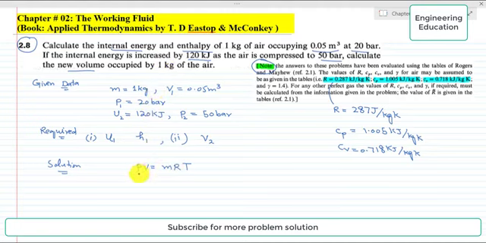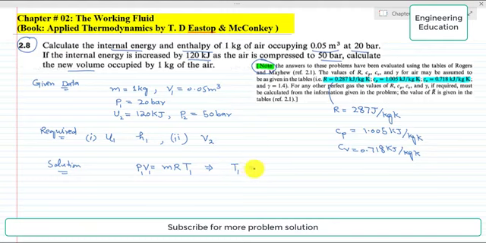For state 1 it will become P1 V1 equals m R T1, where m is constant in both state 1 and state 2, and R is also fixed. So we are interested to find the value of T1 first.